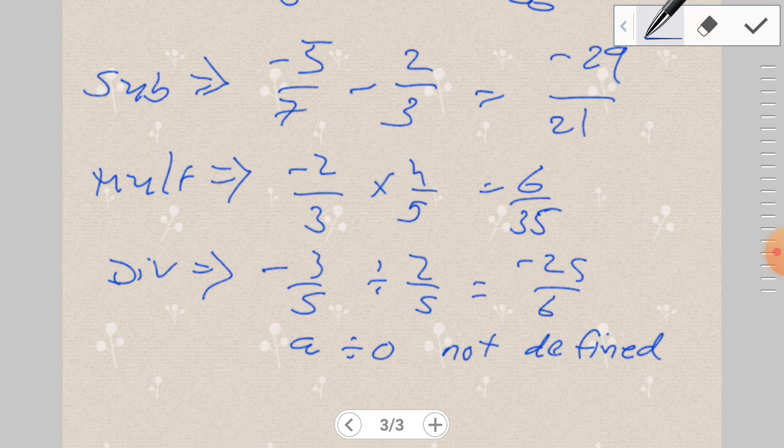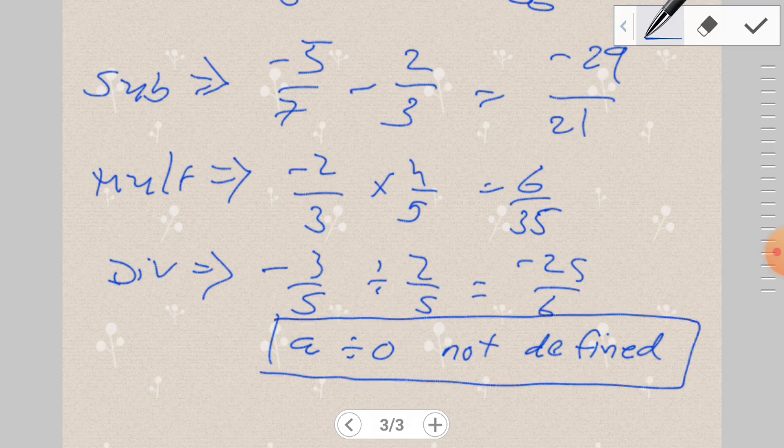So rational numbers are not closed under division because of this property; this rule cannot be satisfied. So we can say that this is not closed under division.